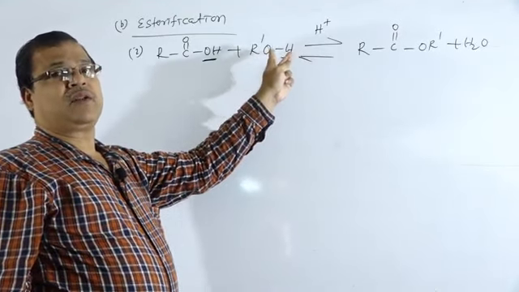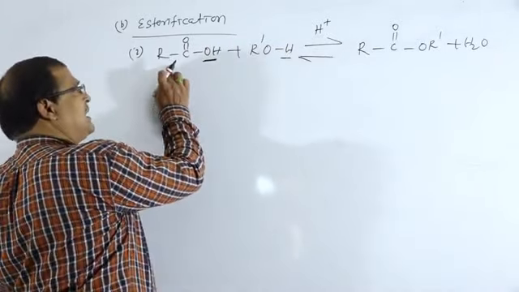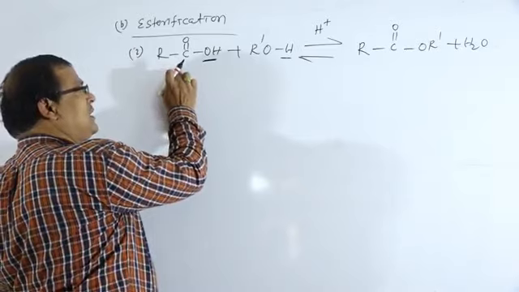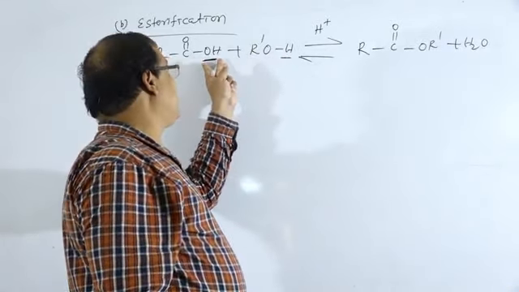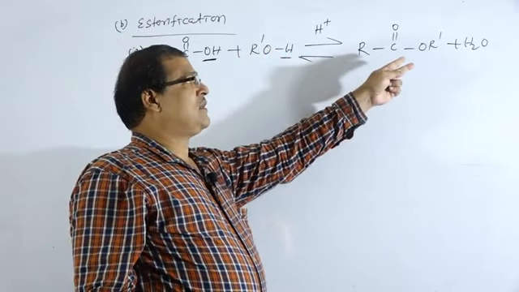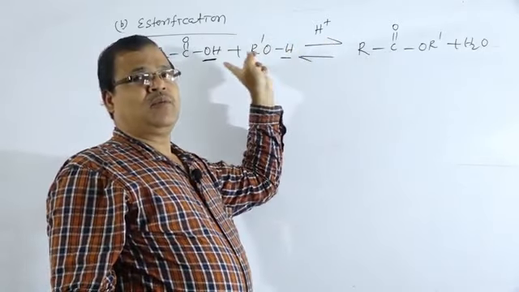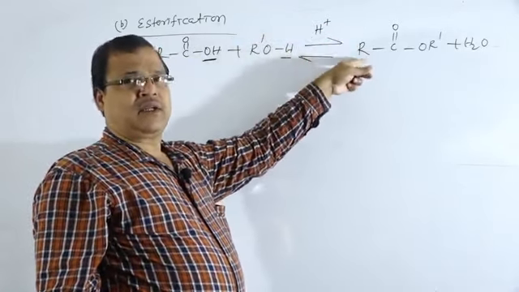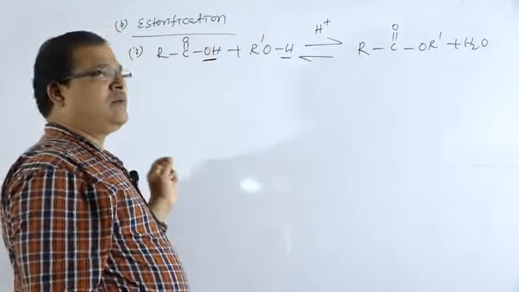This can be explained on the basis of mechanism study. So the OH part of the acid and H part of the alcohol combine to form water, and there is the formation of the ester.